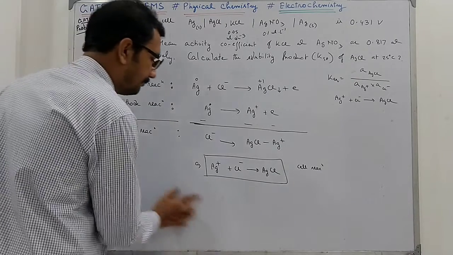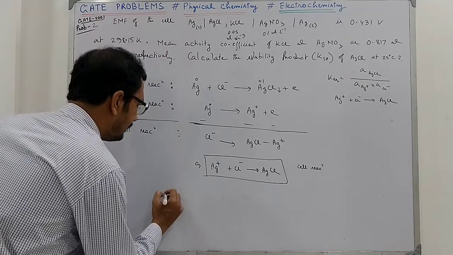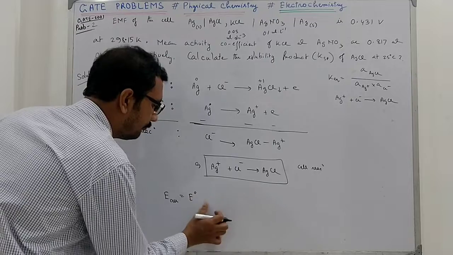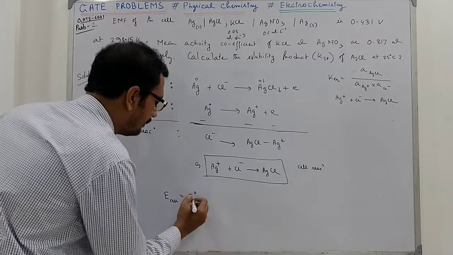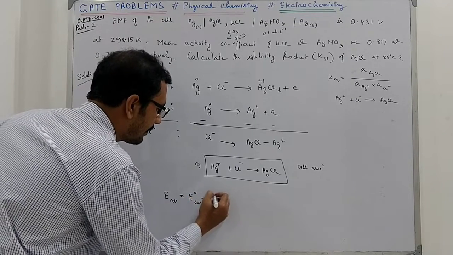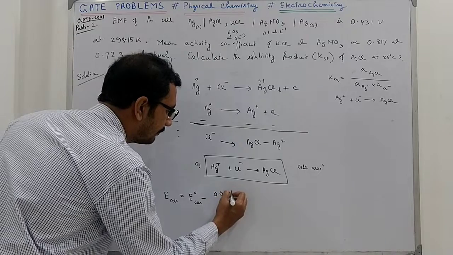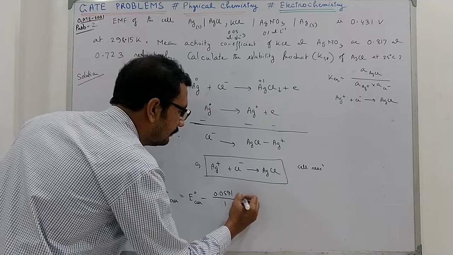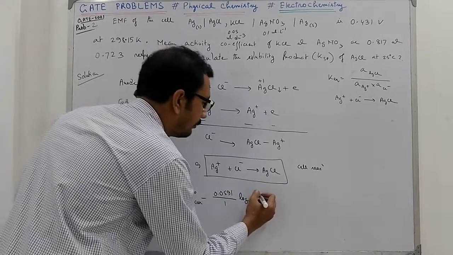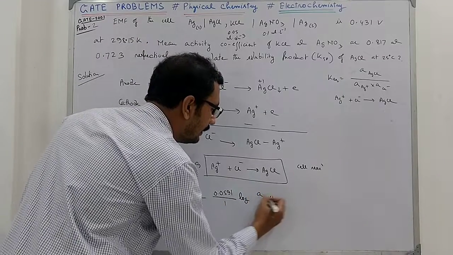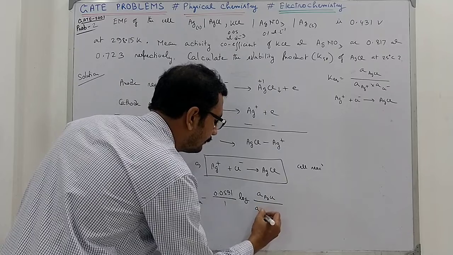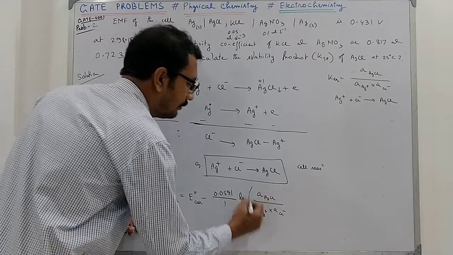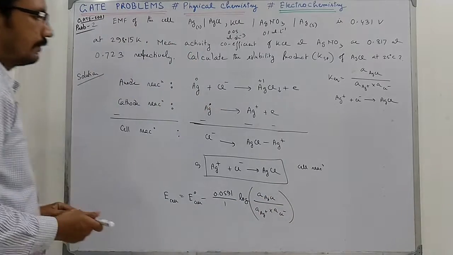I have told you that for the Nernst equation you have to write the cell reaction accurately first, and then put in the Nernst equation blindly. There is a single electron transfer, so n is 1, and here it is log of product by reactant, that is AgCl by Ag plus. So this is the Nernst equation.